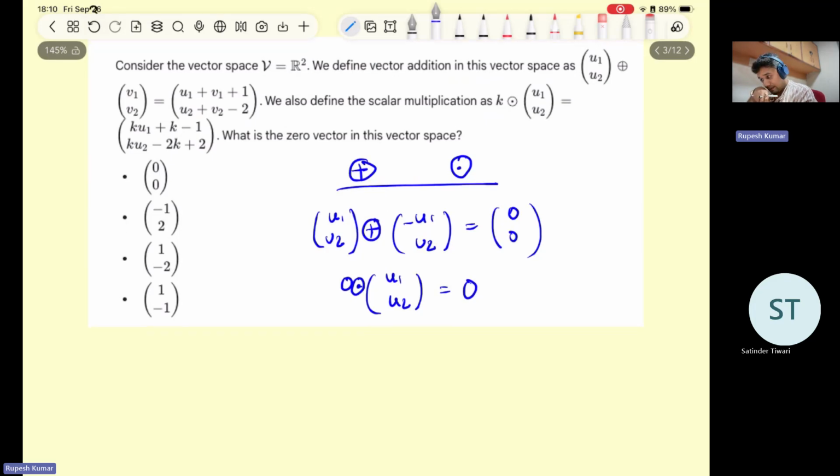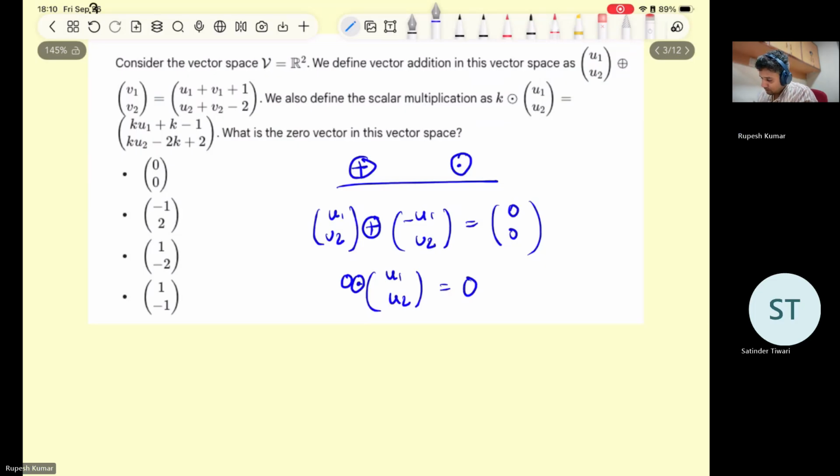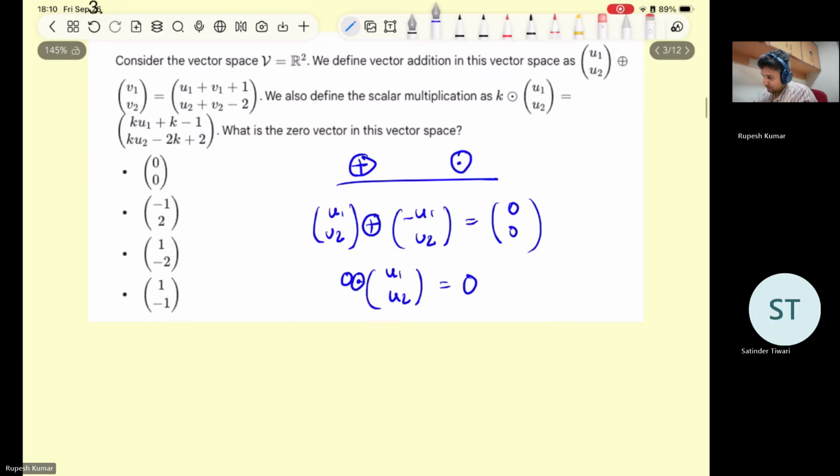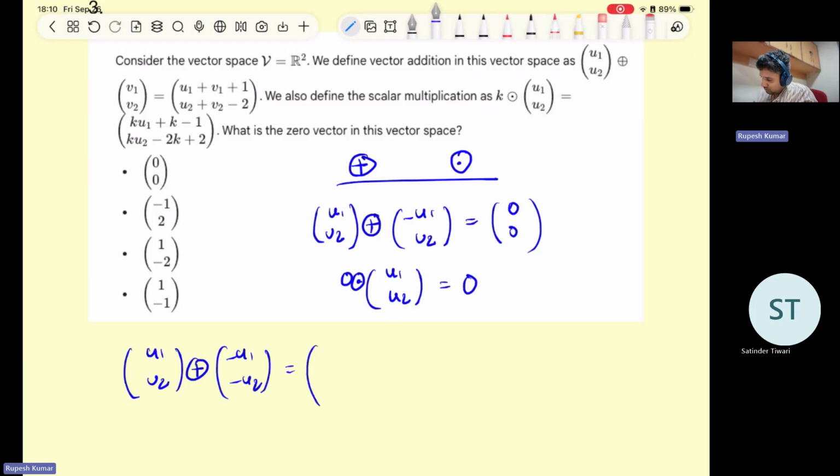What is the value of zero, right? So let's see. Let's write this. u1, u2, new operator, and minus u1 minus u2 is essentially equal to u1 minus u1 plus 1 and u2 minus u2 minus 2, and this quantity should be equal to 0, right?